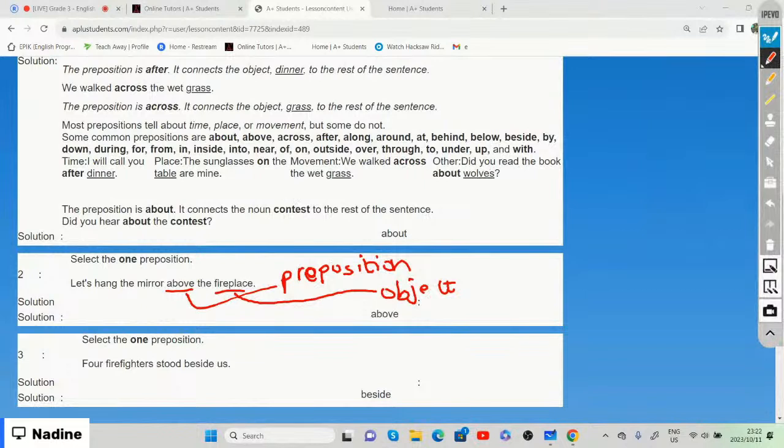And another example is to select one preposition. Four firefighters stood beside us. Stood beside us.